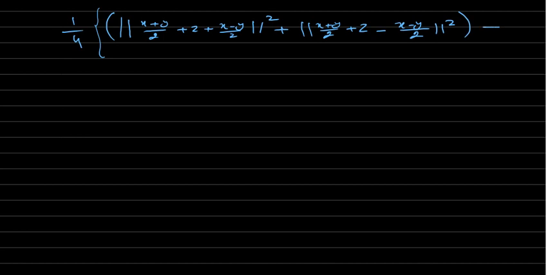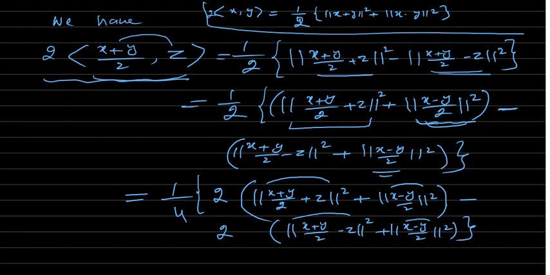Minus. Now the second part. What's the second part? What's x here? x is here (x plus y)/2 minus z, and y is here (x minus y)/2. y is the same, but x is (x plus y)/2 minus z, not plus z here.